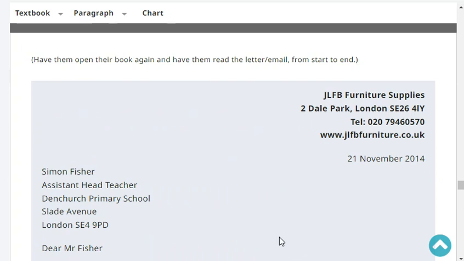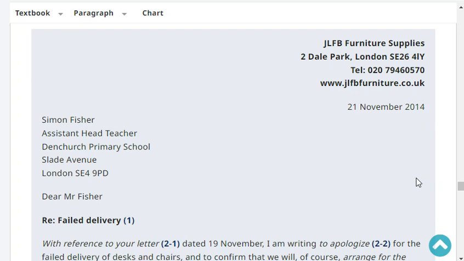JLFB Furniture Supplies, Dale Park, London, SE22 6 4IY. That's their postal code. Okay, next. Telephone number: 020 7946 0570.